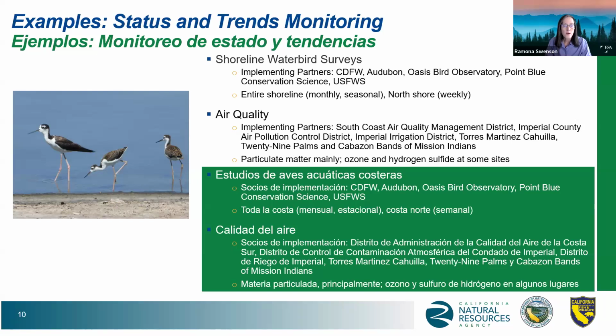Most of these monitors are measuring particulate matter, PM10 and PM2.5, and at some sites might be measuring ozone and hydrogen sulfide, as well as other meteorological measurements such as wind speed and direction. The MIP includes a list of where these stations are, and again, it's a resource to learn more about what is being measured about the air quality trends in the basin. Next slide.